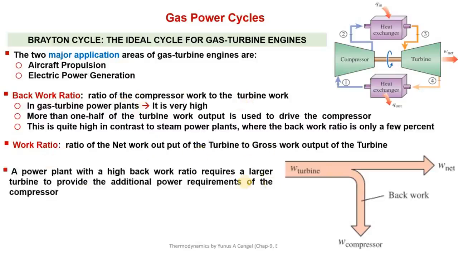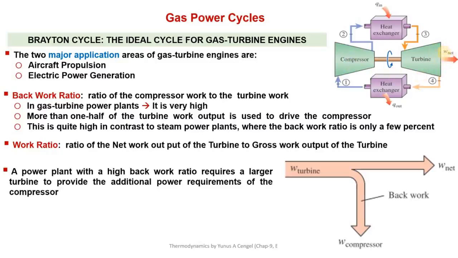A power plant with a very high back work ratio, like these gas power plants, requires a larger turbine to provide the additional power requirements of the compressor, because a significant portion of the turbine work is reused. We want to extract a huge amount of work so that even if more than 50% is reused, the required power is still obtained.